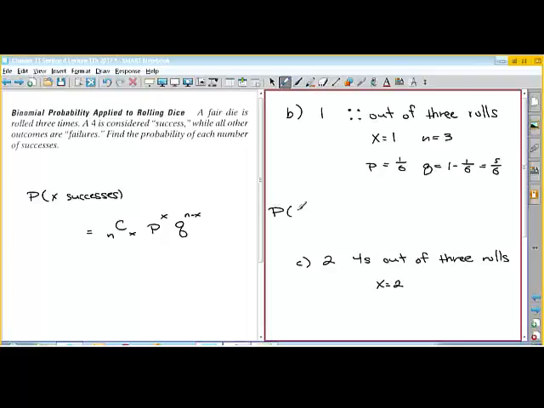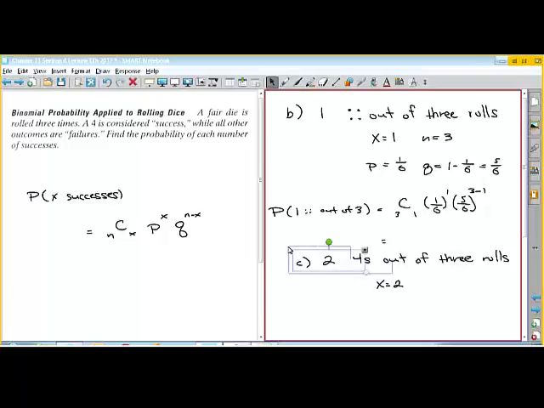So the probability of getting one 4 out of 3 rolls is going to be, we take n things, n is 3, 1 at a time. Our probability of success is 1/6. We only have 1 success. And then we take the probability of failure and we raise that to the n minus x.